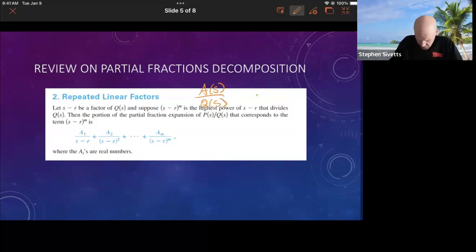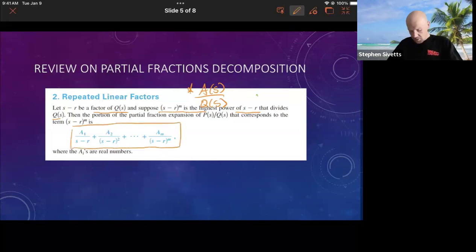So suppose that s minus r is a factor of Q of s, and we know that s minus r to the m power is the highest power of the factor s minus r that divides Q of s. Then the partial fractions decomposition of this quantity will be the following.